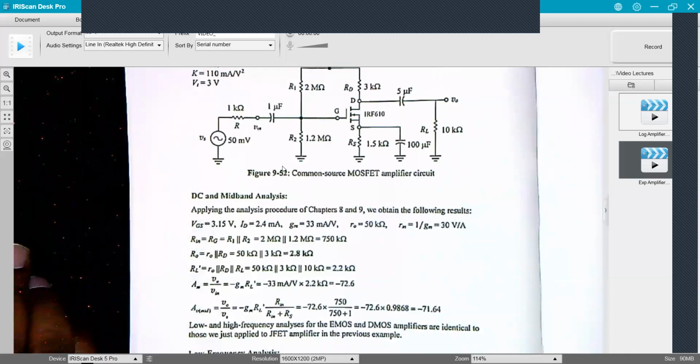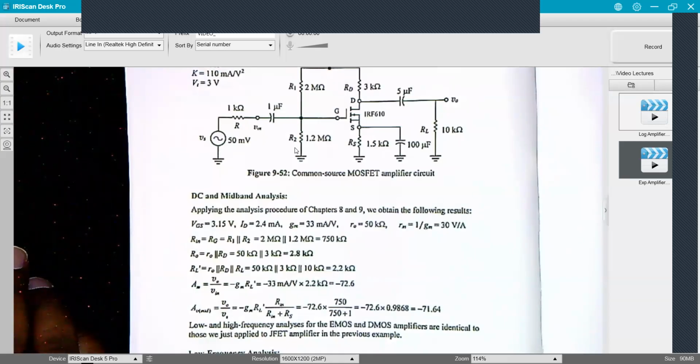So here's our circuit. Now, just like we did with the bipolar, let's calculate our Rin, because this is what we consider the input to the amplifier, or the other side of this capacitor here. And this signal source has a source resistance associated with it. So all of this 50 millivolts is not going to show up here and get amplified.